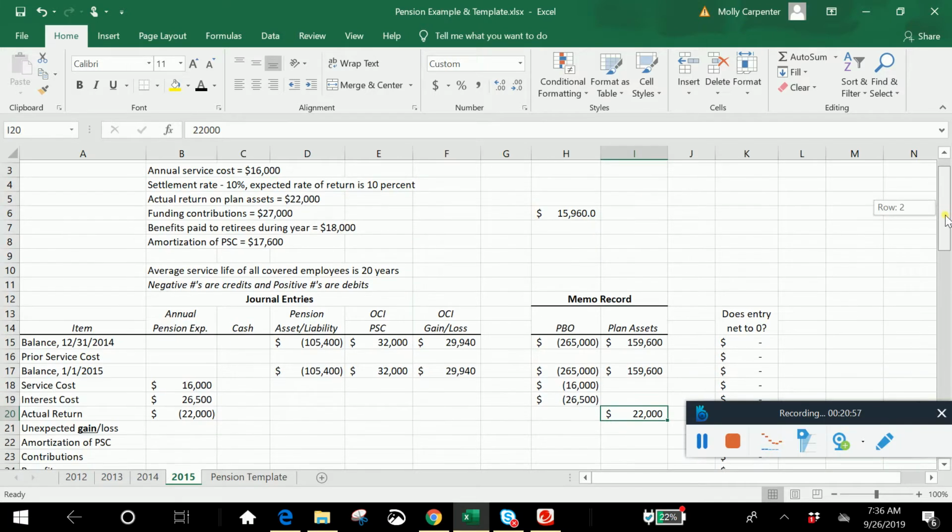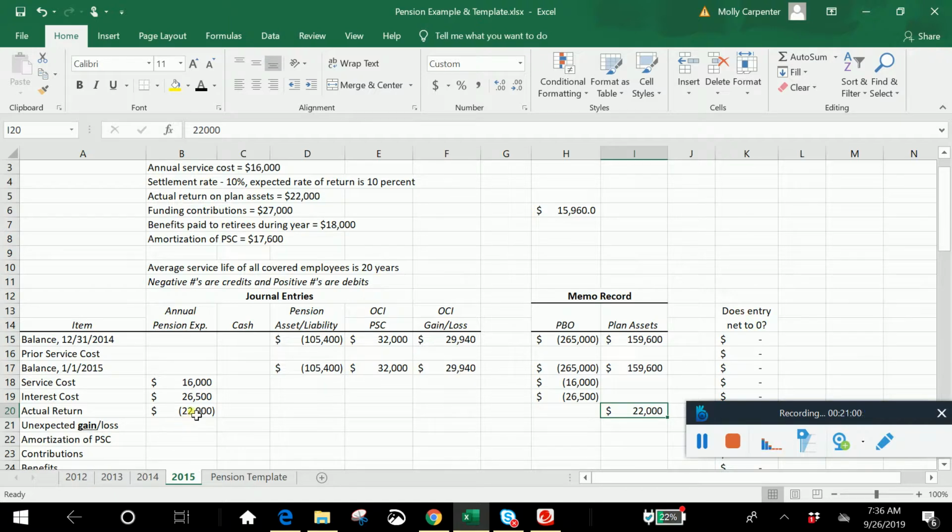We know that, but the sum of the actual return and the unexpected gain or loss need to sum to that amount. So what we're going to do is take our $22,000 minus our 15,960, and that's $6,040, and that needs to be a debit to pension expense, because our actual return was greater than our expected return, so we ended up with a gain.